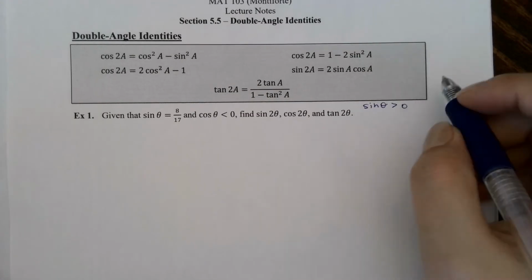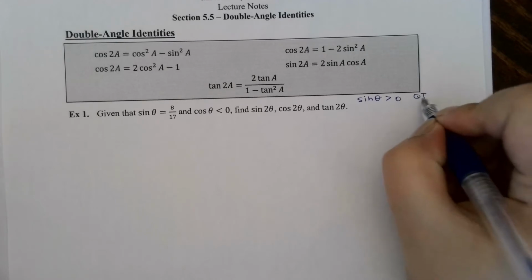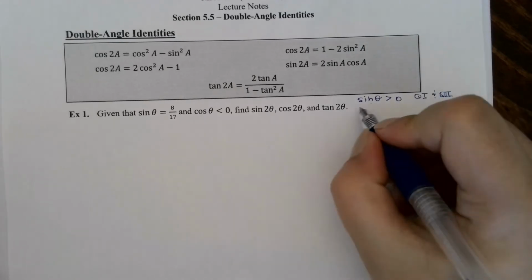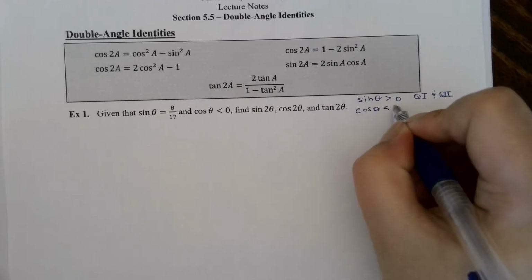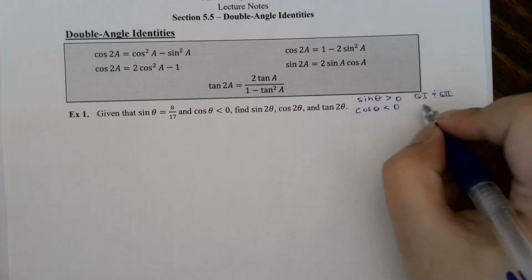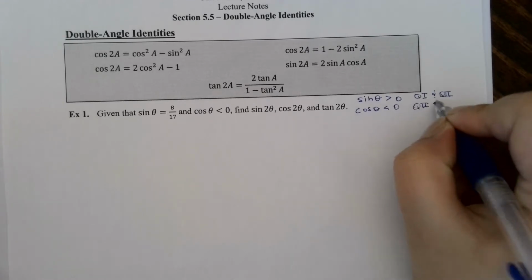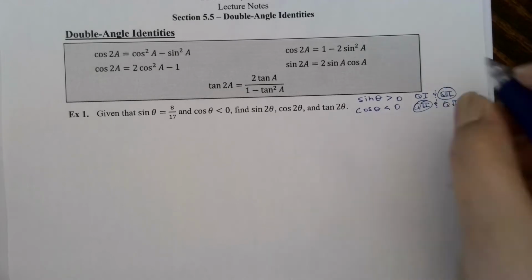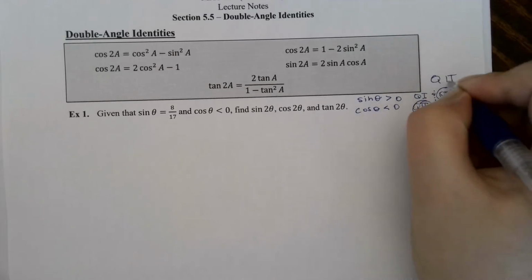Sine theta is positive in quadrant 1 and quadrant 2. Cosine theta is given as negative. Cosine theta is negative in quadrant 2 and quadrant 3. So this means that we are going to be working in quadrant 2.